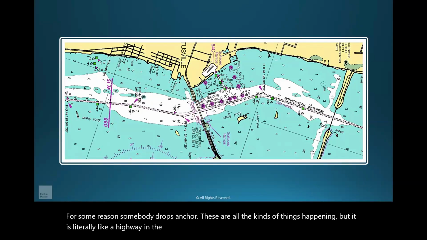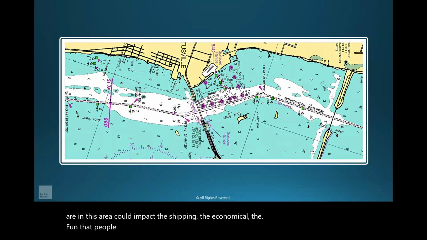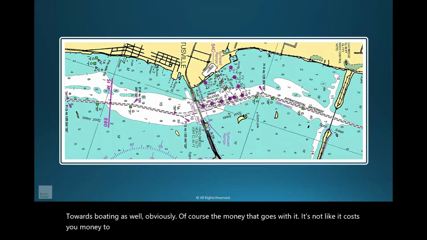And so obviously any kind of threats or hazards that are in this area could impact the shipping, the economics, the fun that people have towards boating, as well as obviously, of course, the money that goes with it. It's not like it costs you money to travel on this. I don't think there's tolls on the Intercoastal Waterway.